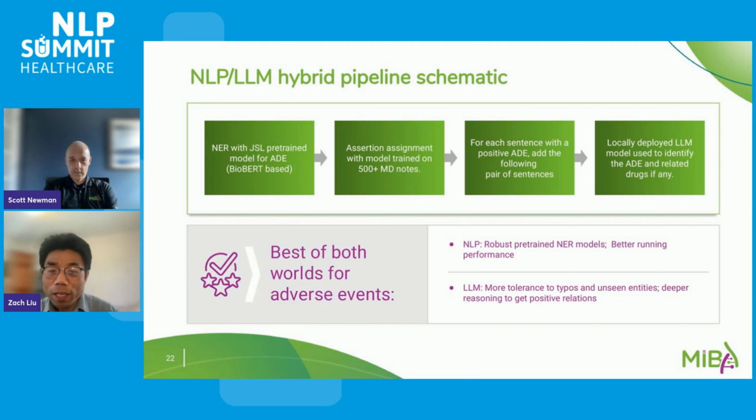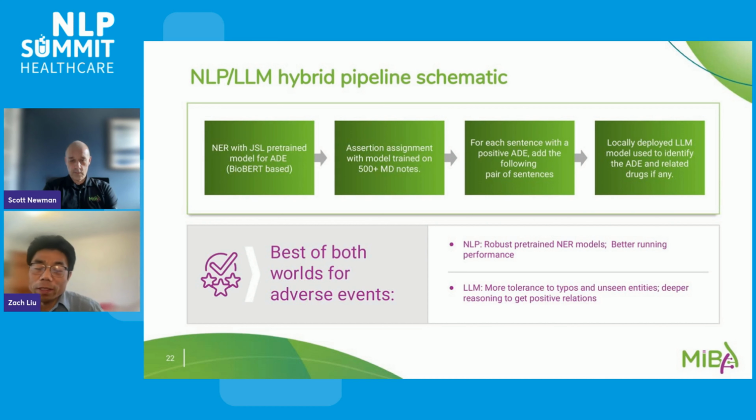For the NLP, we have robust pre-trained NER models, and we already have it scaled up, and the running performance is much better. For the large language model, it's more tolerant. We found more tolerance for abbreviations, especially drug combinations and typos, and for some drugs or adverse events we've never seen in the trained model.